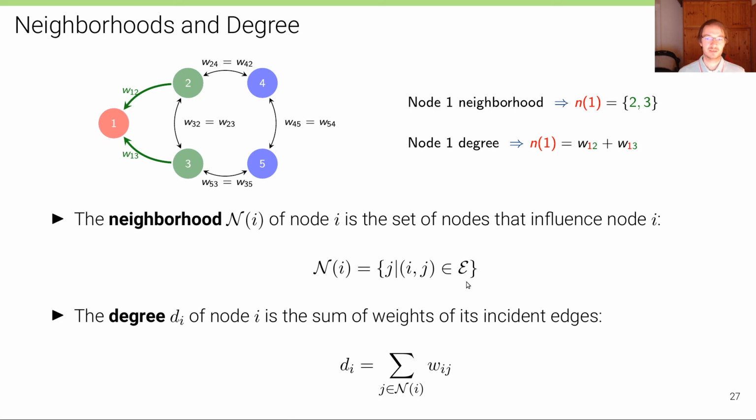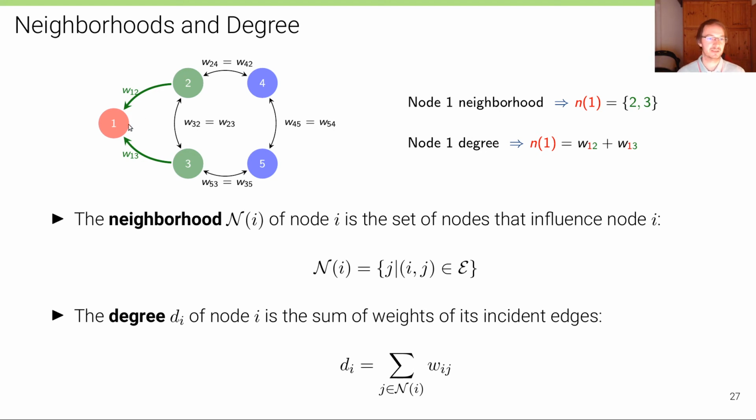Remember, we have said that for any edge ij, j is influencing i. So we need to look at the entire edge set and at the edges that have i as the first component, and then we accumulate all the j's into this set, and this is the neighborhood. This is the set of all the nodes that have an influence on node i.